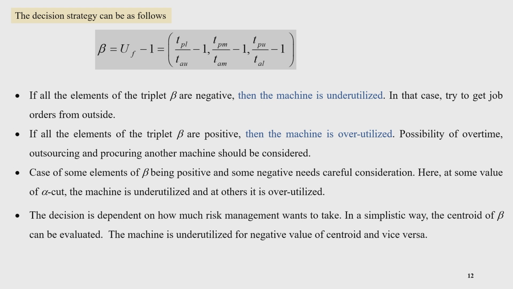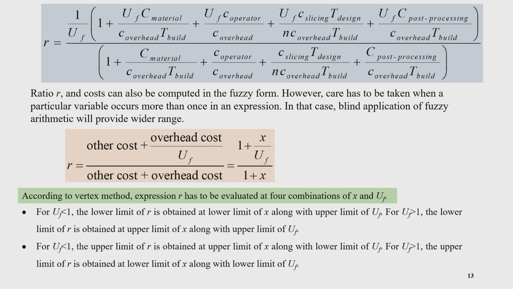In a simplistic way, the centroid of beta can be evaluated, and the machine is underutilized for negative values of centroid and vice versa. So, it is related to the risk, and we can also compute the ratio R, the cost considering the utilization factor divided by the cost if utilization factor is 1. So, ratio R and cost can also be computed in fuzzy form.